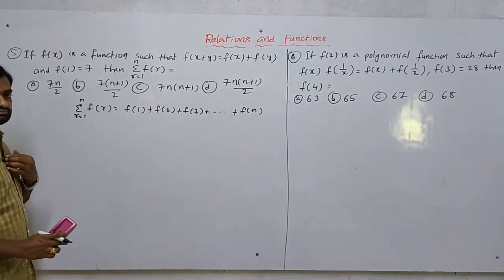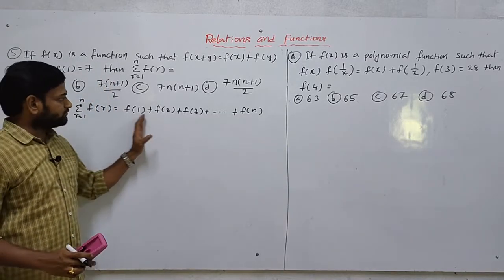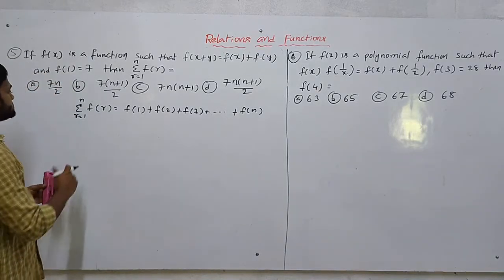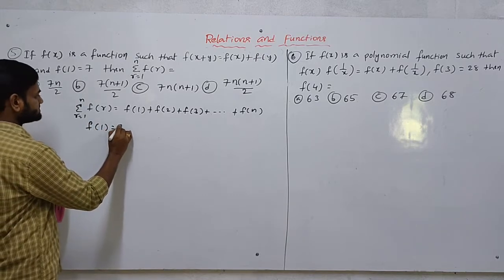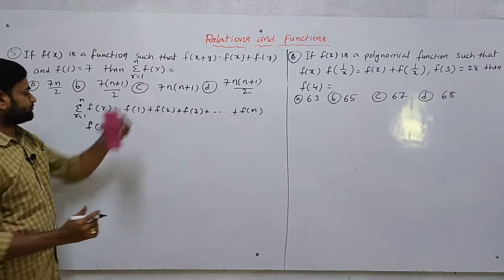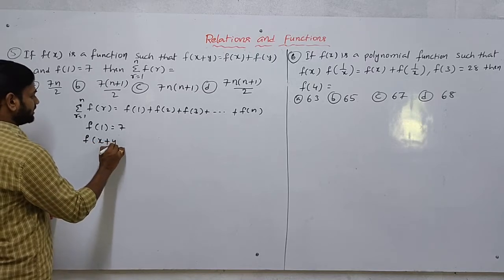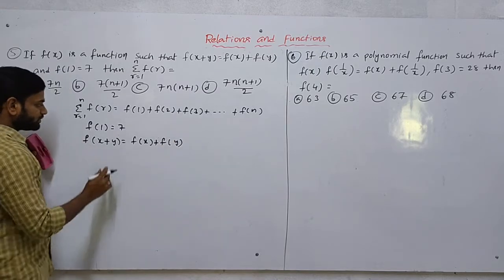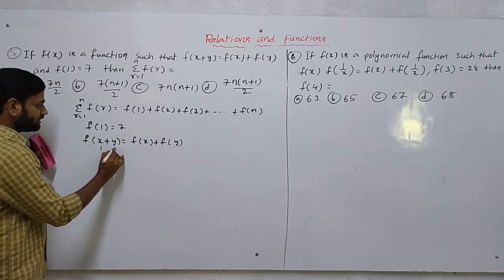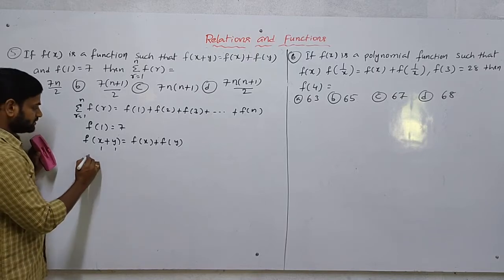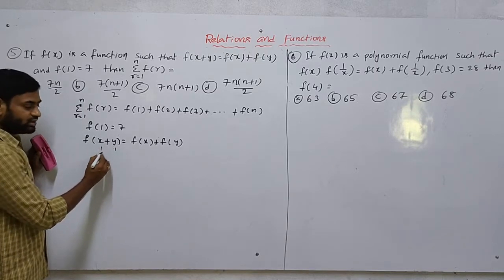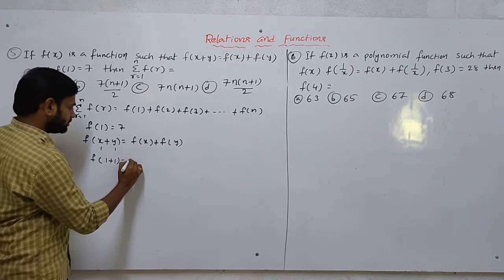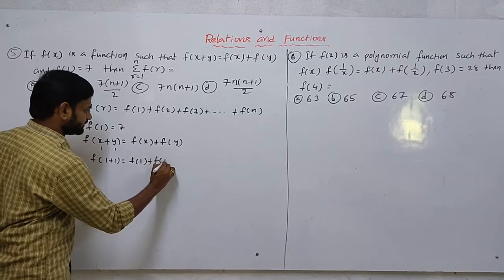Now here we have to find the summation of all these values. Now see, what is given? f of 1 is 7. And the given condition is f of x plus y is equal to f of x plus f of y. Suppose x value 1, y value 1 I am taking. f of 1 plus 1 is equal to f of 1 plus f of 1.